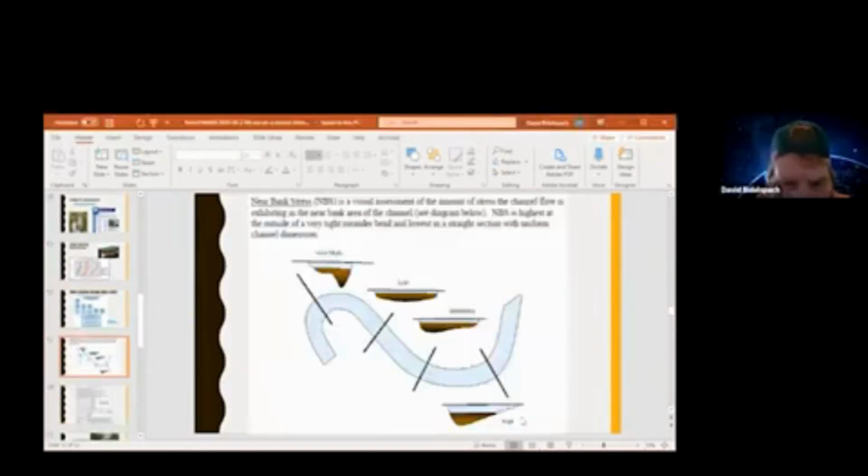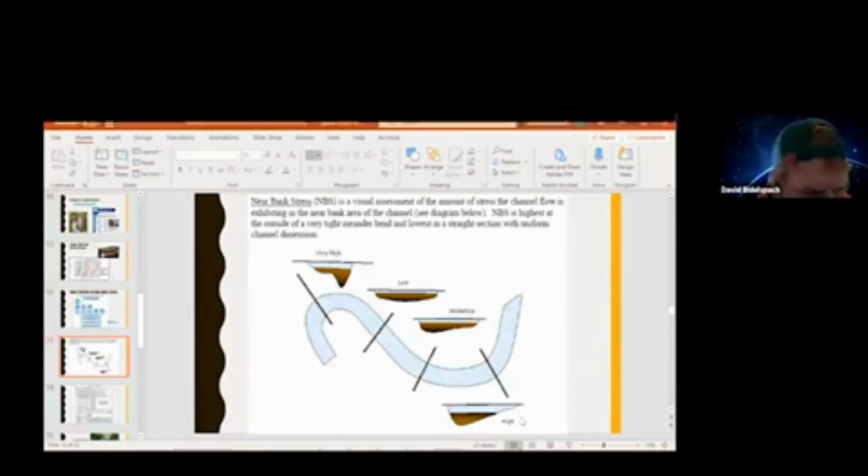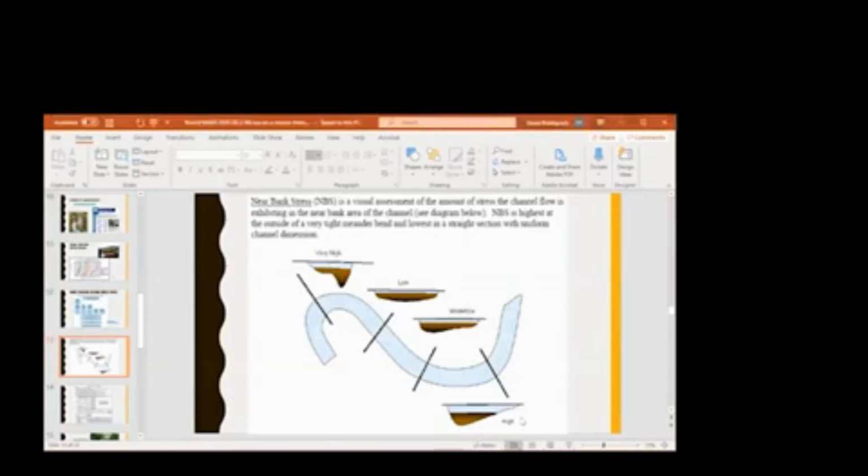Near bank shear stress is related to the force, if you will, or the amplitude that will be sent near the area that could be eroded. So if you look at this as electrical potential, your BEHI is your electrical potential, your near bank shear stress is your current.